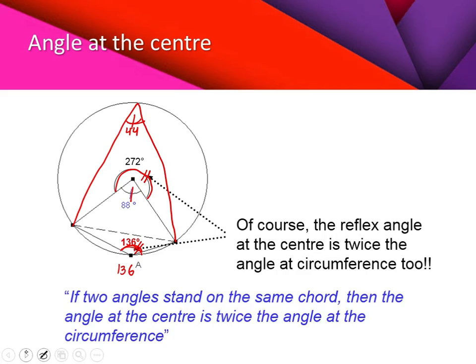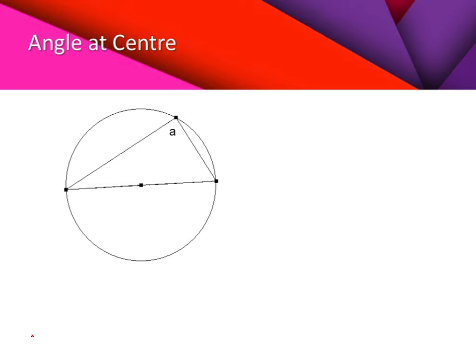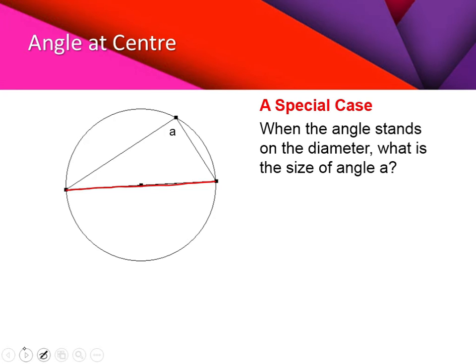Then the next property is, till now we have discussed two properties. The first one is same segments, and the second one was that the angle at the center is twice the angle at the circumference. If we follow the same property here also, we know that this diameter is a straight line. So when the angle stands on the diameter, what is the size of angle A?